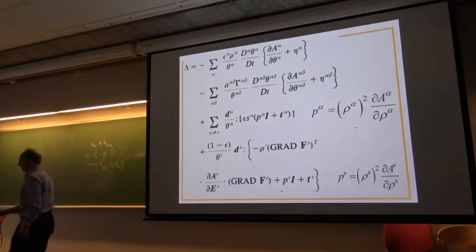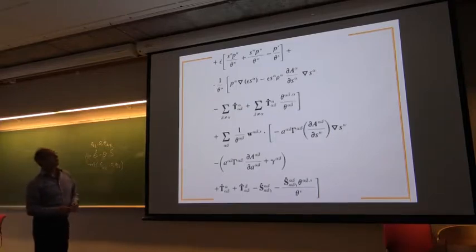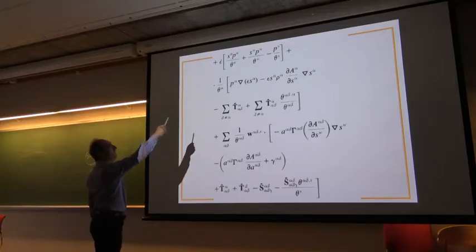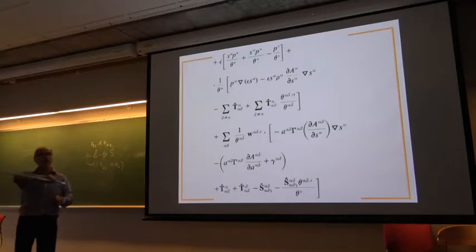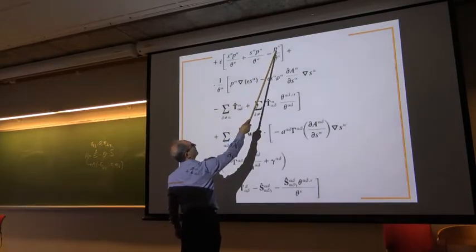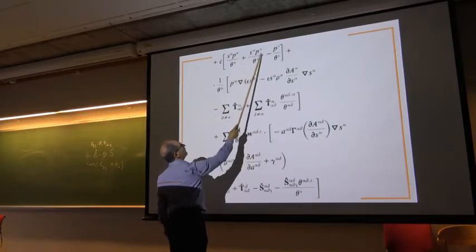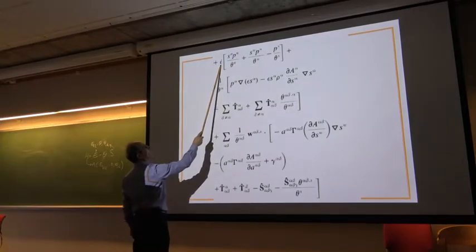We'll see whether it will relate or not. We have also here an interesting term, that the solid pressure I just defined is in combination with the pressure of water, the wetting phase, and the non-wetting phase. But it multiplies the rate of change of porosity.